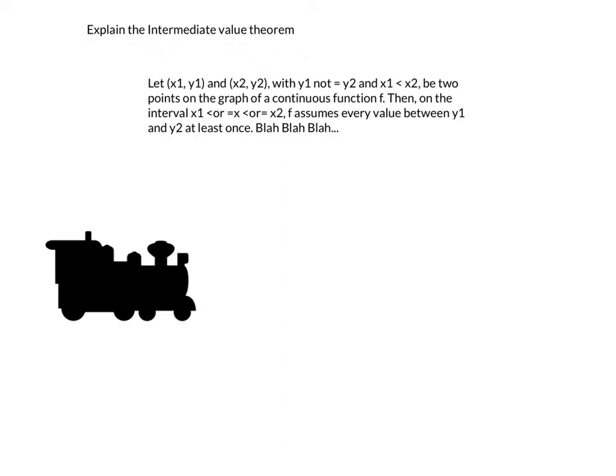Then on the interval x sub 1 less than or equal to x less than or equal to x sub 2, f assumes every value between y sub 1 and y sub 2 at least once, blah, blah, blah, right?